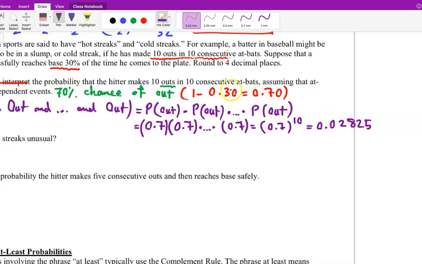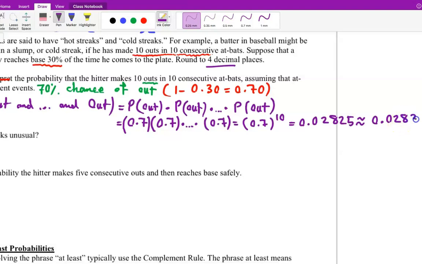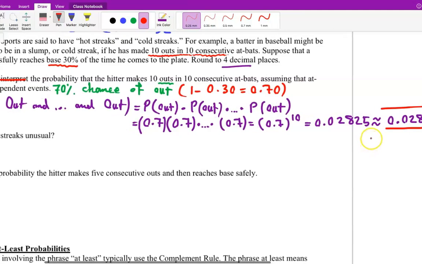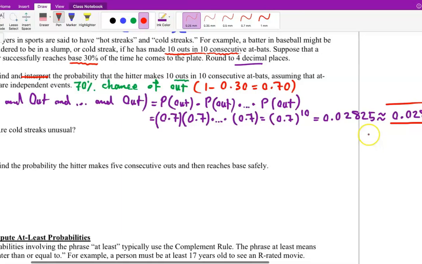It's asking to round to 4 decimal places, so this is 0.0283. Okay, so that is the final answer for part A.